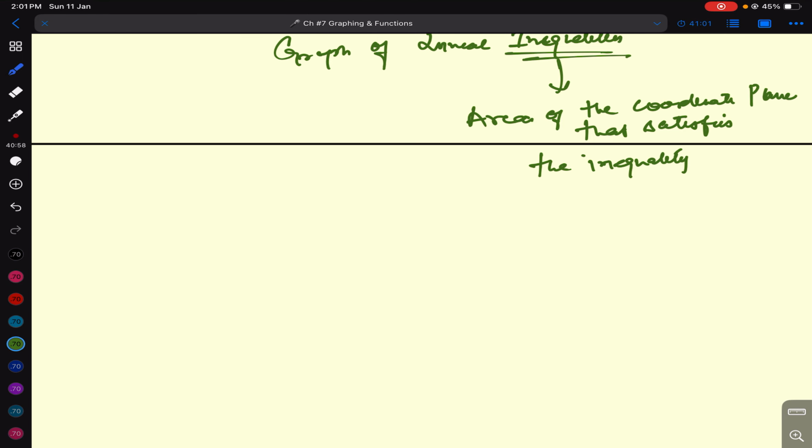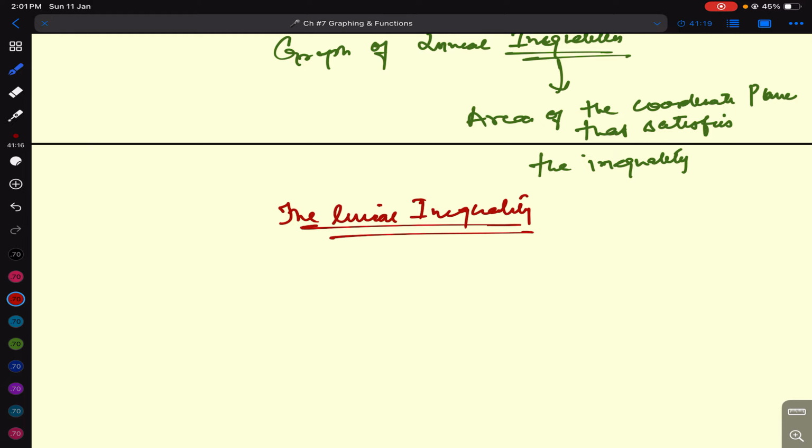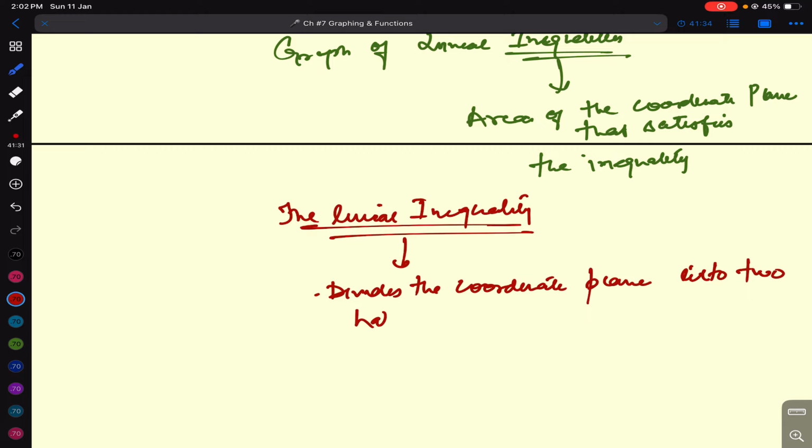Now what you must be wondering is, what do I mean by the area of the coordinate plane? So let me explain that now. When we draw a linear inequality, it basically divides the coordinate plane into two halves by a boundary line, which corresponds to the function.